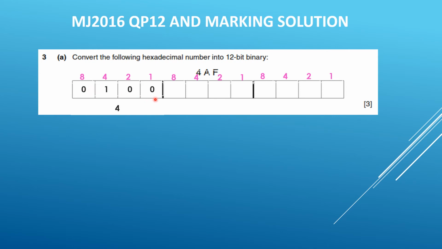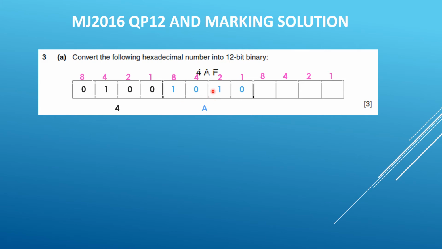Okay, then to get A, we know it is equivalent to 10 in hexadecimal. To get 10 we need to turn on the 8 and 2 binary notation. So we will be putting 1 under the binary notation 8 and under the binary notation 2.